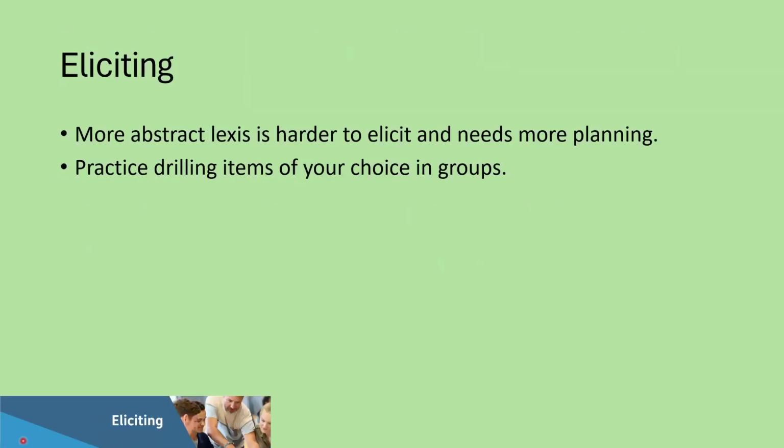Eliciting, we've sort of mentioned that already. It can sometimes be harder to elicit abstract lexis. So do think, when we have lexis and vocabulary where it's picture form, it's so easy to understand. But some things, what is the picture of, I don't know, emotional jealousy?